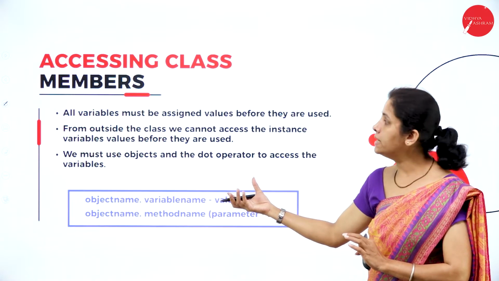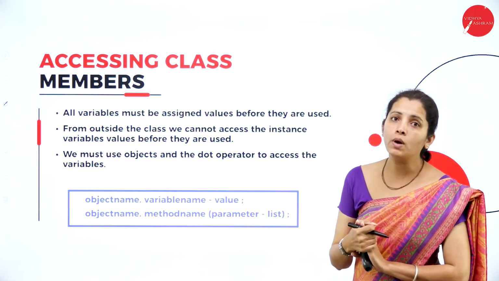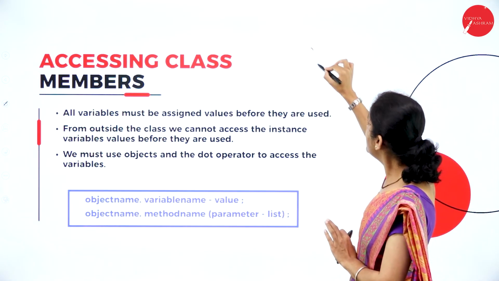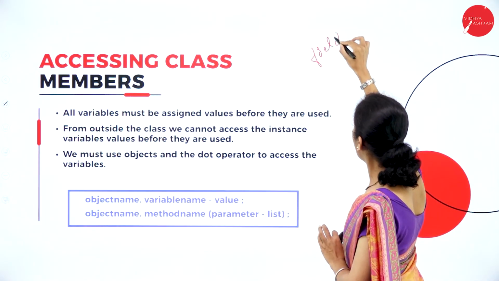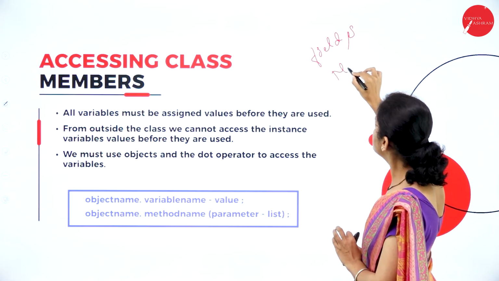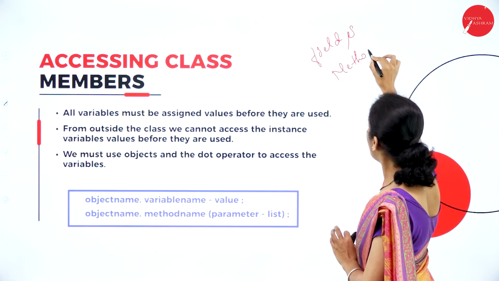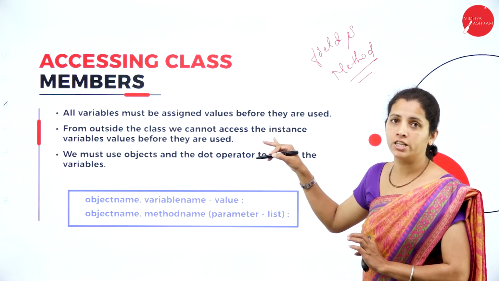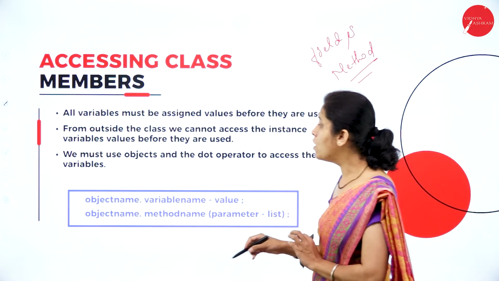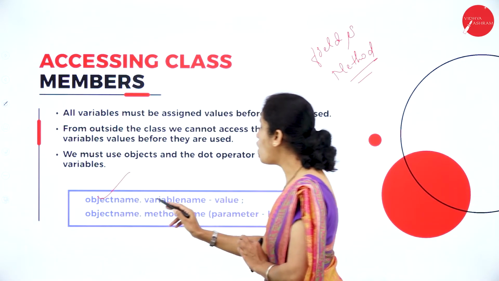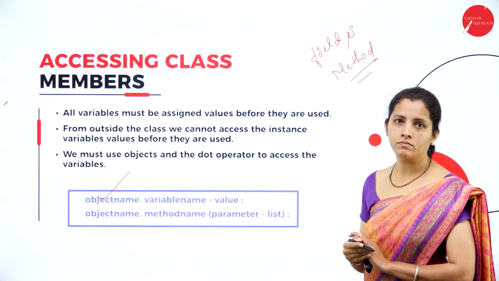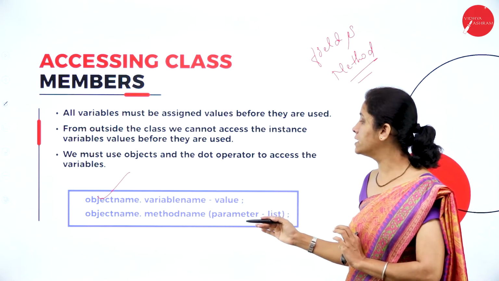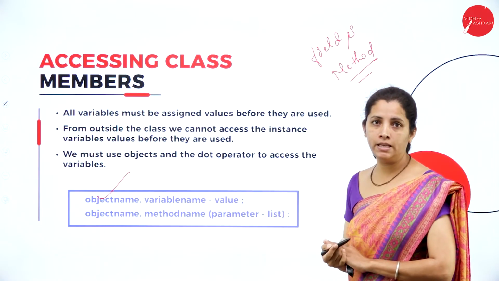Dear student, if I want to access the fields and methods in my class, how can I? For that, I'm going to use the object. With the help of object name dot variable name.